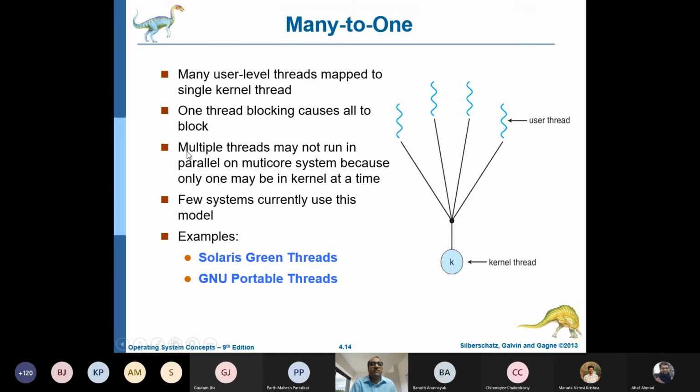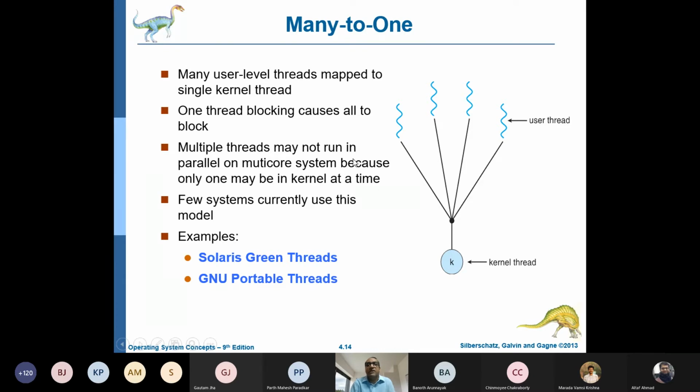So therefore, the multiple threads may not run in parallel. Even though the user process has multiple threads, there is no chance to run these threads in parallel on a multi-core system.